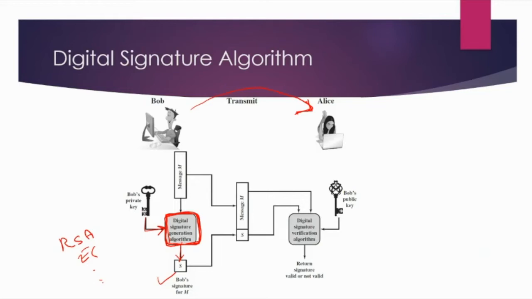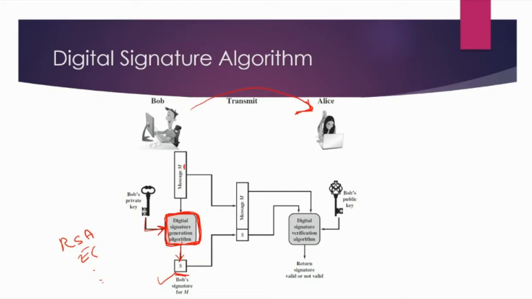So this is Bob's signature for this particular message. Please remember that whenever I talk about a digital signature, it is with respect to a particular message. This is Bob's signature for message M, because a digital signature keeps changing with the change in the message. Now the signature is appended to the message and sent over the channel.